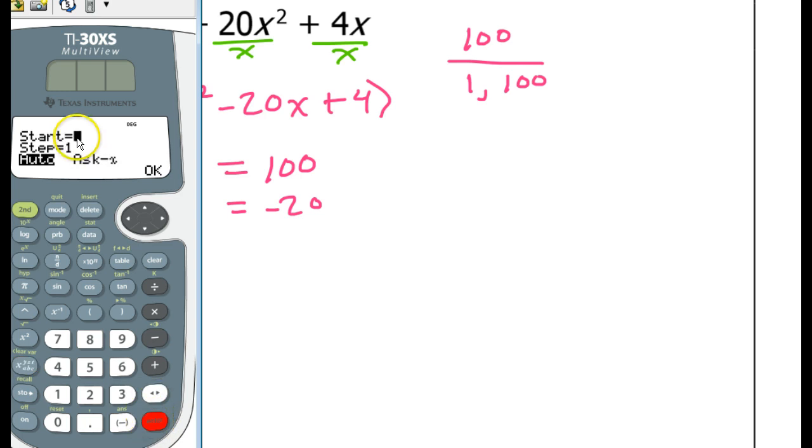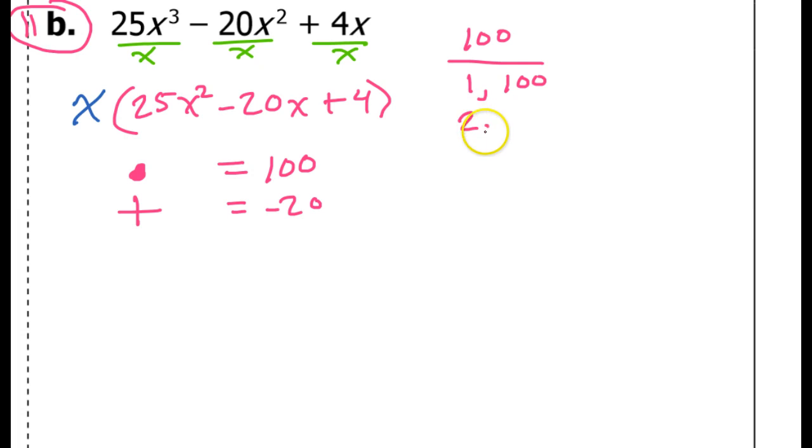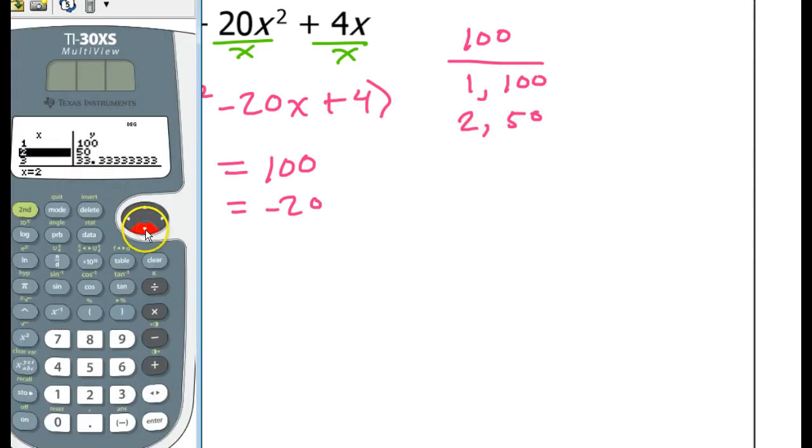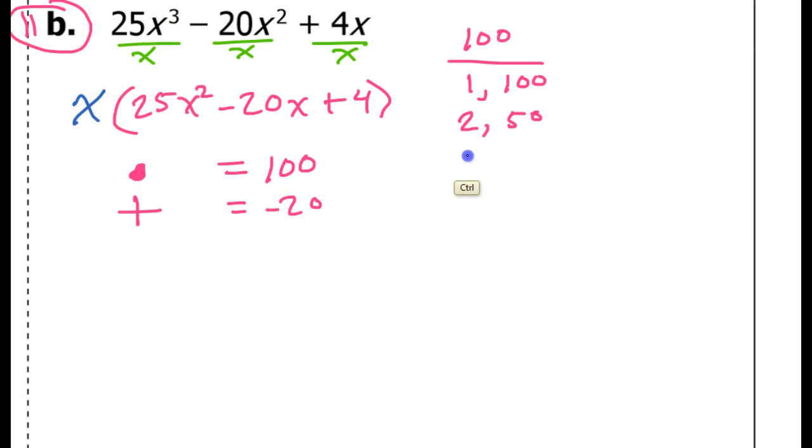Okay, I like to start at 1 because that's going to give me 1 times 100, so I'm going to start at 1. Okay, so you see I have the 1 and 100, then I have 2 and 50. Okay, ignore the decimals because we're looking for whole numbers. So I see 4 and 25, 5 and 20.